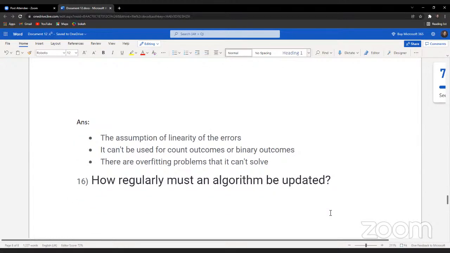How regularly must an algorithm be updated? We have been asked a question in the chat box about logistic regression. Actually, logistic regression is a statistical analysis method which helps to predict a binary outcome, such as yes or no, based on observations in the data set.